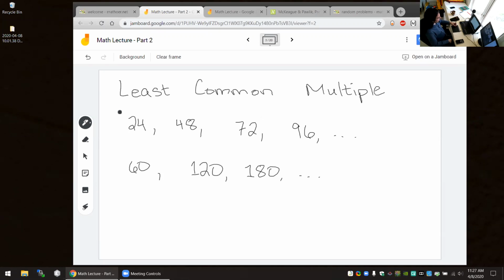Which number is bigger than what I started with, that if I keep making multiples, they'll have in common? And I want the smallest of when that happens.